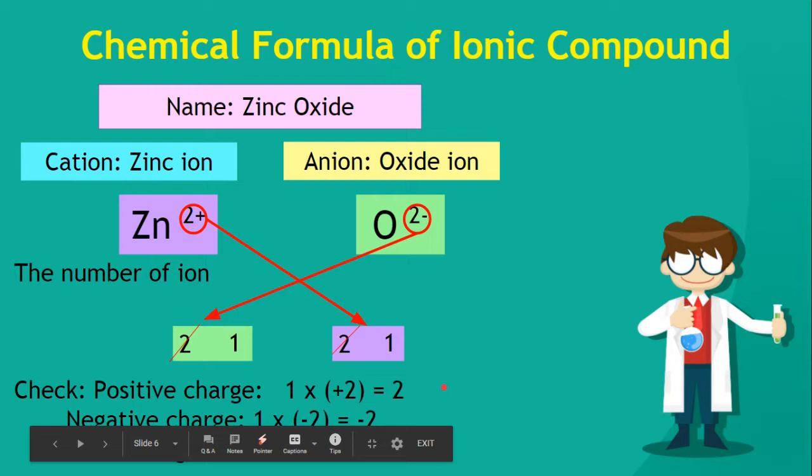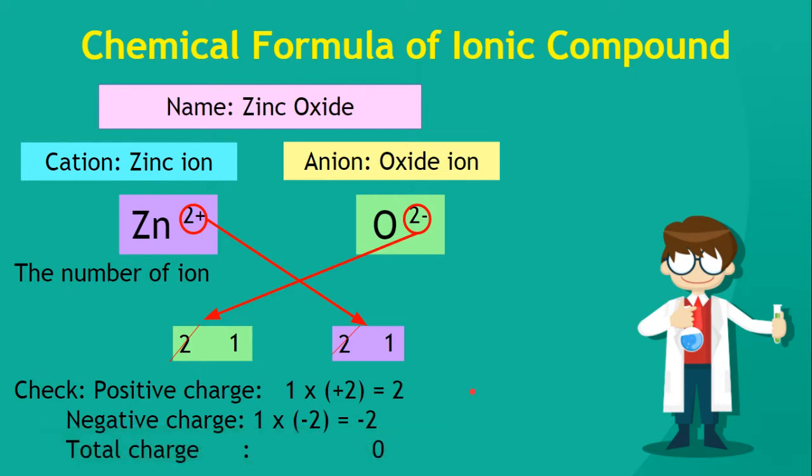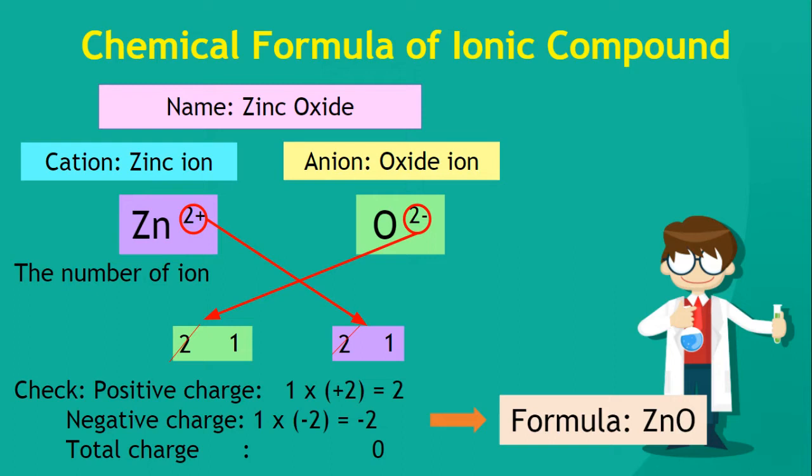Then we check the negative charge. The number of ions is 1, the charge is negative 2, so we get negative 2. Positive charge plus negative charge, we get 0, the total charge of the ionic compound. So from there we can write the formula as ZnO.